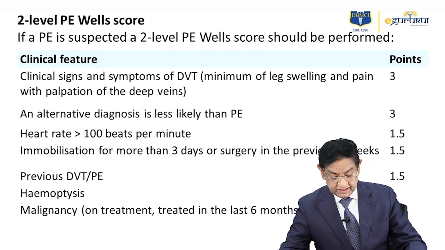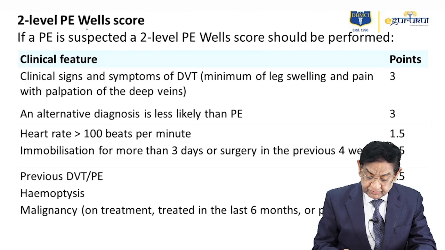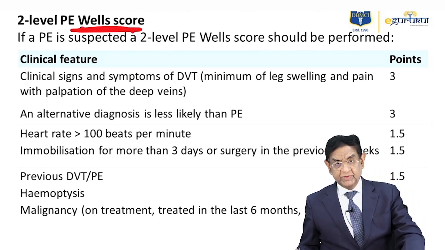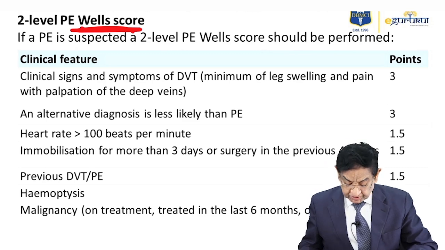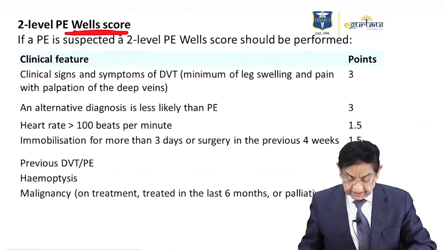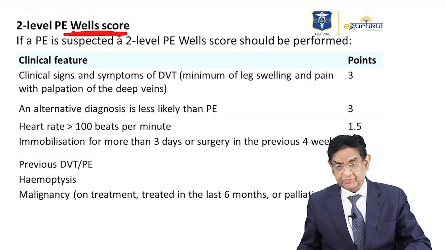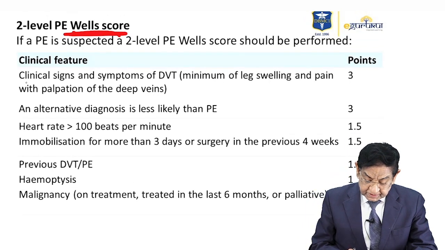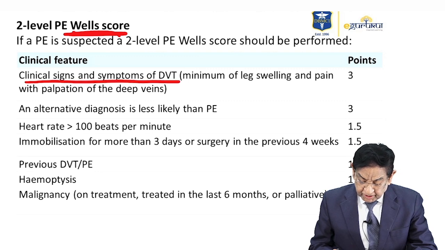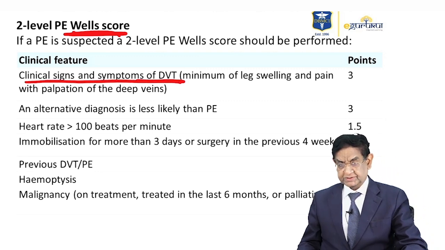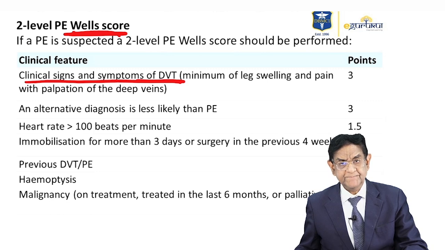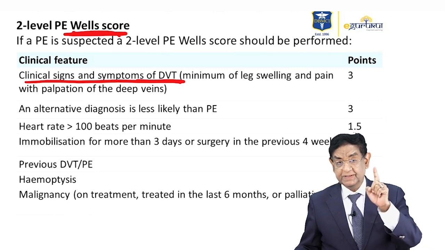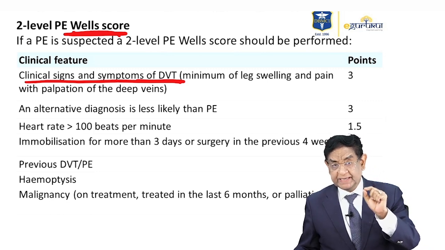Well, after that, if you are clinically suspecting that the patient has pulmonary embolism, now you go for the Wells score. What the Wells score is and what it is based on, these are the findings you have to remember. The clinical signs and symptoms of deep vein thrombosis. Point to be noted, he is talking about deep vein thrombosis.